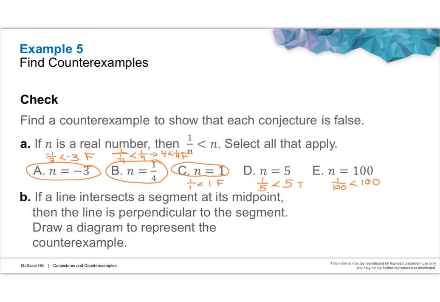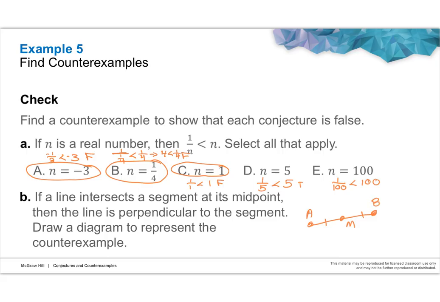For part B, if a line intersects a segment at its midpoint, then the line is perpendicular to the segment. So here's our segment, and here is our midpoint. Let's call it point M. We know it's a midpoint, so we can put some tick marks on that segment. Let's say that it's segment AB.